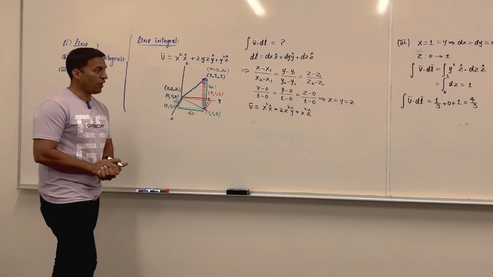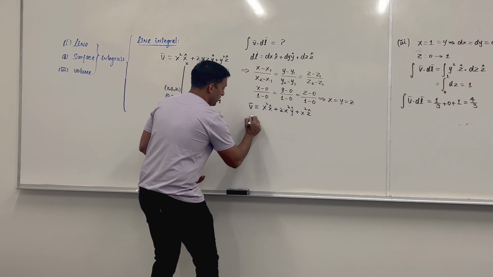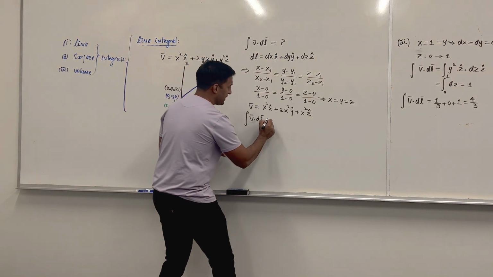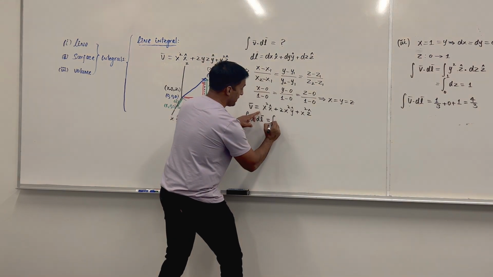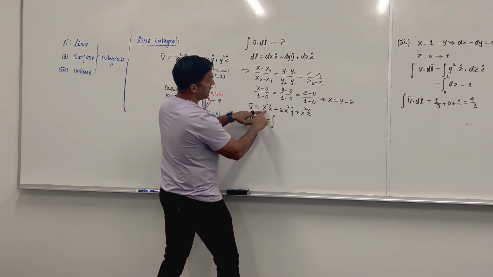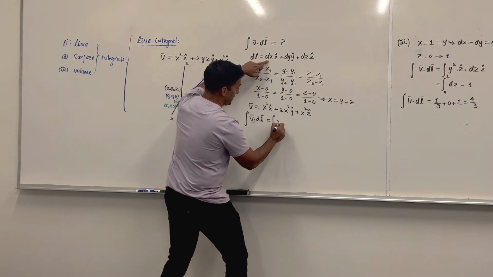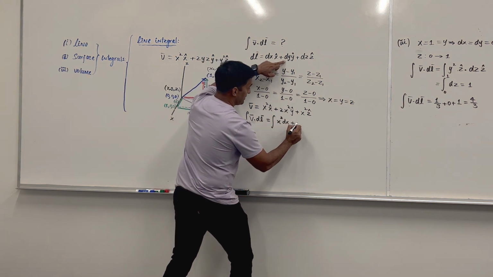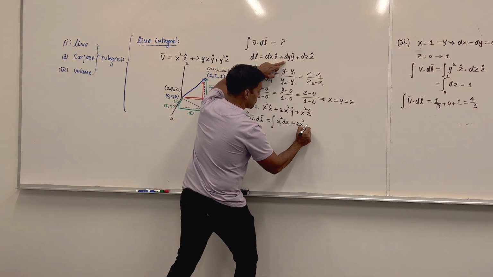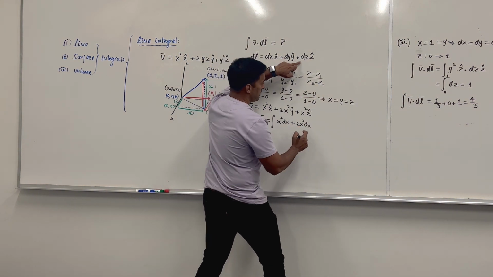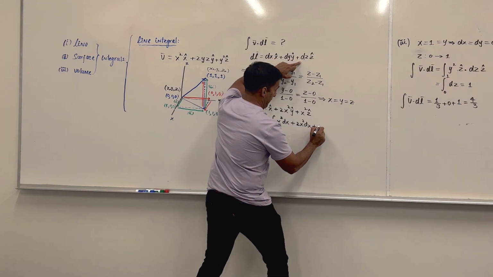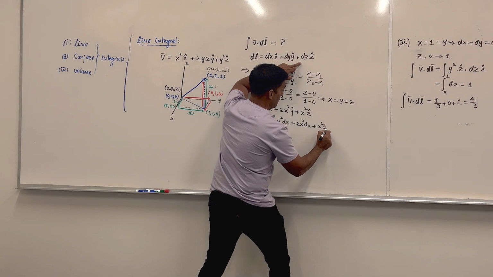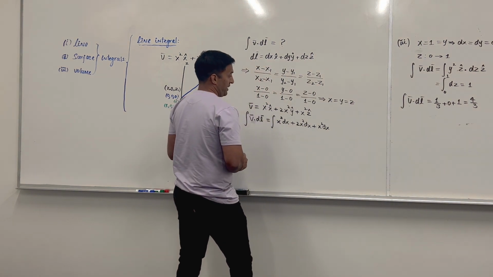And now we take the line integral. So now we take the integral of v dot dl. We need to dot this first term with this first term, so this becomes x² dx, plus this second term becomes 2x² dx, and the third term becomes plus x² dx.